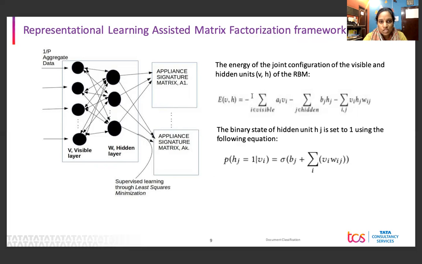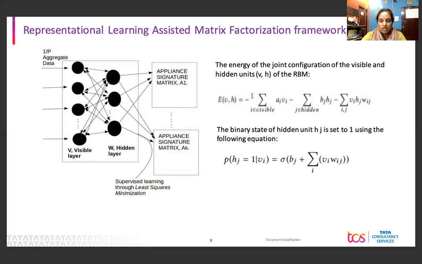And once such factors are learned, when they're mapped onto multiple of the appliance signature matrices, the combination of the consumption behaviors to which these representations conform will be the disaggregated estimates.